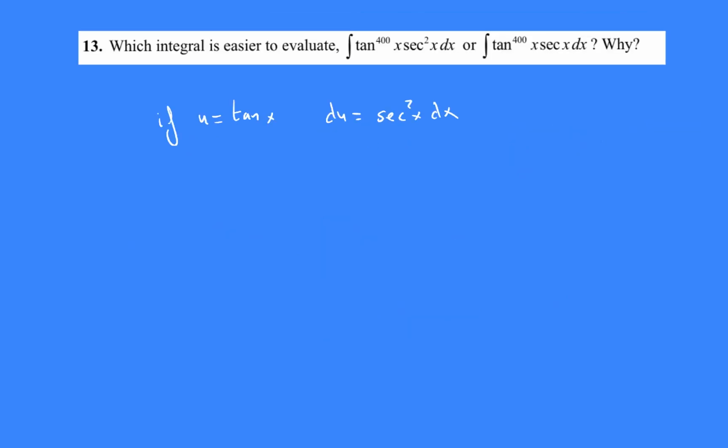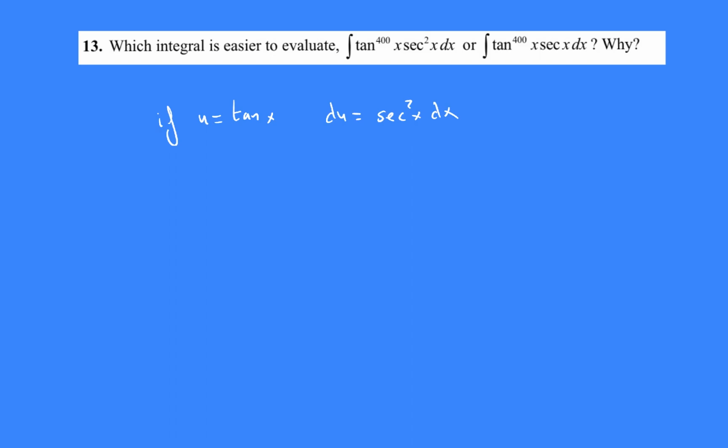Which integral is easier to solve: tangent 400 of x secant square of x dx, or tangent 400 of x secant x dx? Which one is easier? Well, if I name u to be tangent of x, du will be secant square of x dx, so the first one is much easier to solve.